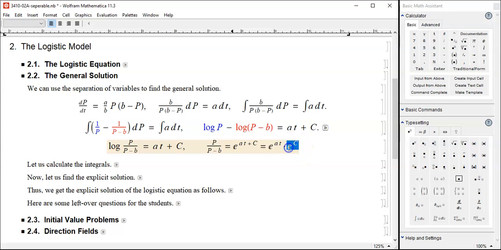And e to the c power is a constant, and let's name it another character, like k times e to the a t, like this. Now we can allow k to be negative so that we can accommodate p being negative or p minus b being negative and things like those.